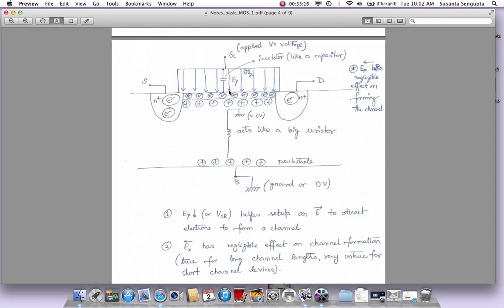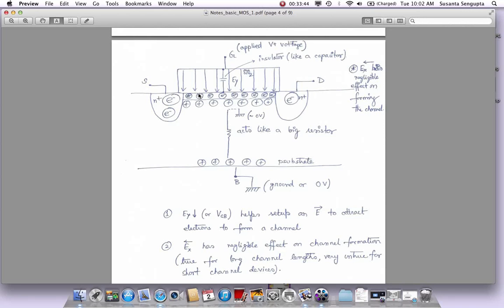So because of EY, as you apply more and more voltage, more and more charge will start generating here. Thermally some electrons will generate, and more will come from the source. See, this has an extremely high amount of electrons, and this also has a high number of electrons. This is a reverse bias diode, the N to P region. But this electric field helps those electrons go over that hump.